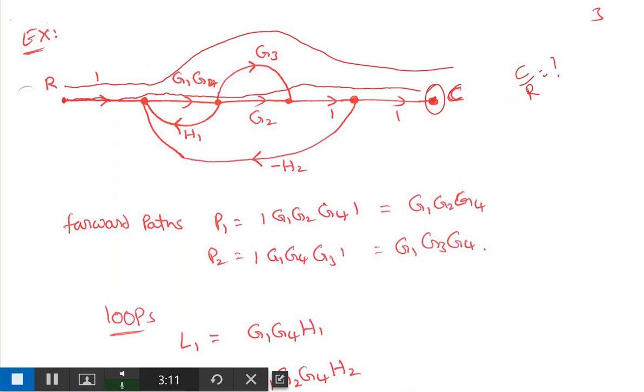In this flow graph, we have two forward paths. The feedback path is where the starting node and ending node are the same. If I start from here, this is one feedback path. And here is another feedback path. The starting node and ending node, both of them are the same. So in this diagram we have two feedback paths and two forward paths.